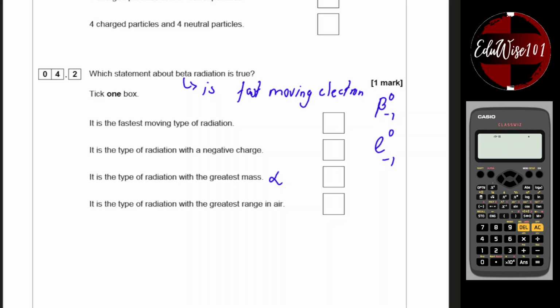It is the type of radiation with the greatest range in air. That would be gamma, the gamma EM wave. So it's the second option.